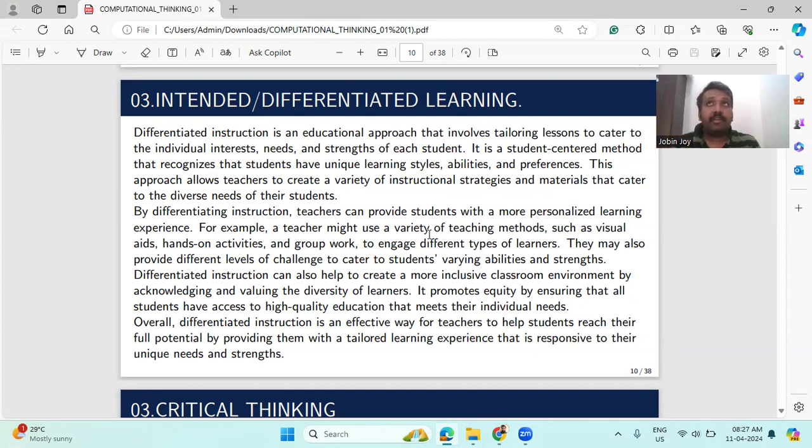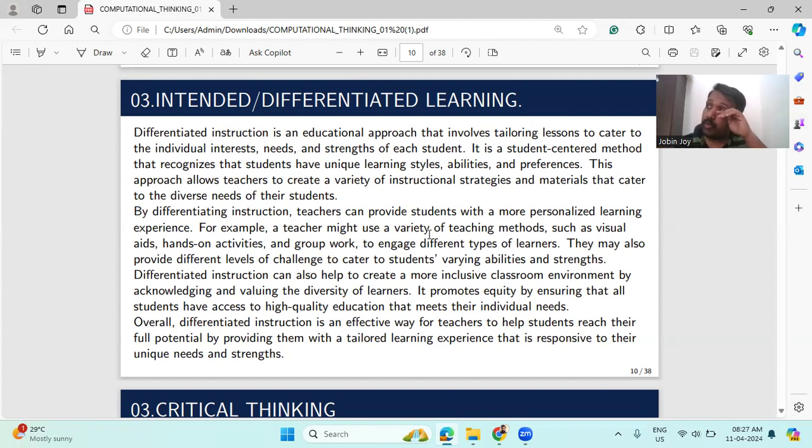Then only you can engage different types of learners, in the sense of their styles, weaknesses, strengths, preferences, and abilities. So I am acknowledging and valuing the diversity of learners. In a classroom there are diversities, right? And through this I am promoting equity by ensuring that all students have access to high quality education that meets their individual needs.